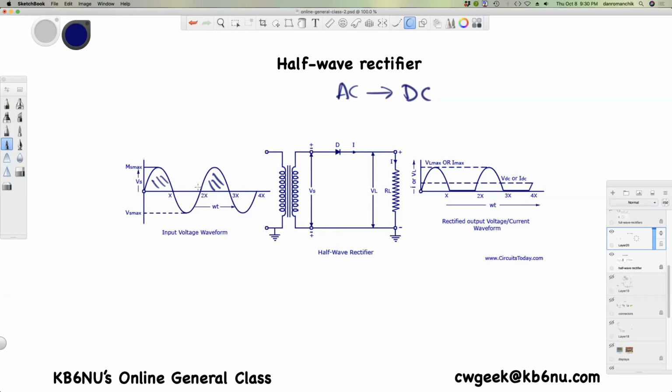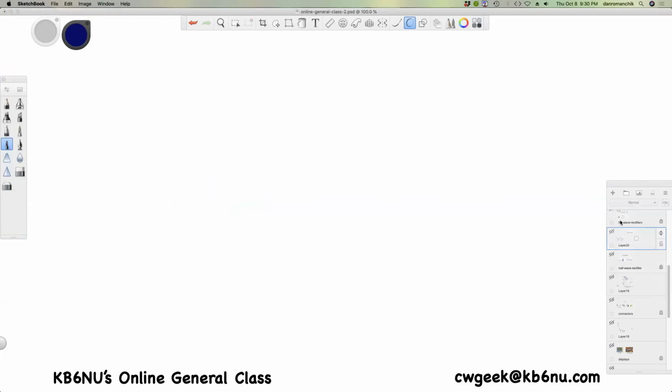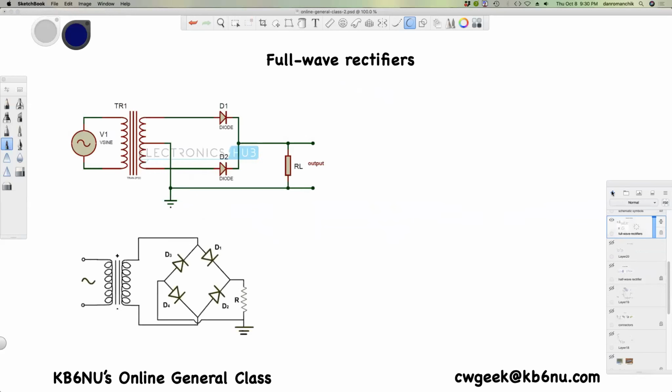And there are some power supplies that are made using this kind of rectifier, but it's wasting the power in this portion of the AC cycle. So that's kind of not a good thing. So to get around that, or to improve on that, I should say, we use full wave rectifiers.